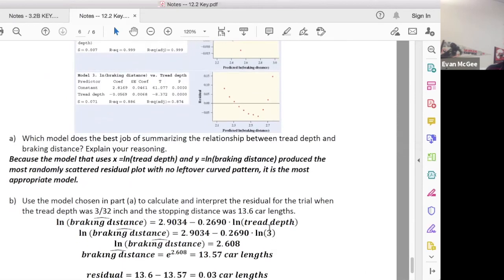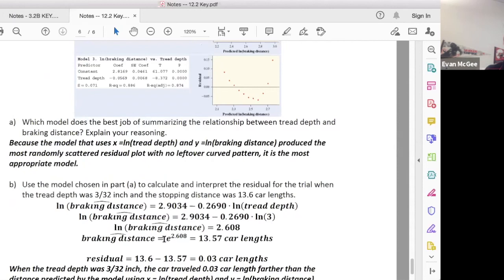So then solving for the predicted braking distance, we end up getting 13.57 car lengths. So the predicted value is 13.57. The actual value was 13.6. So they're not exactly equal.